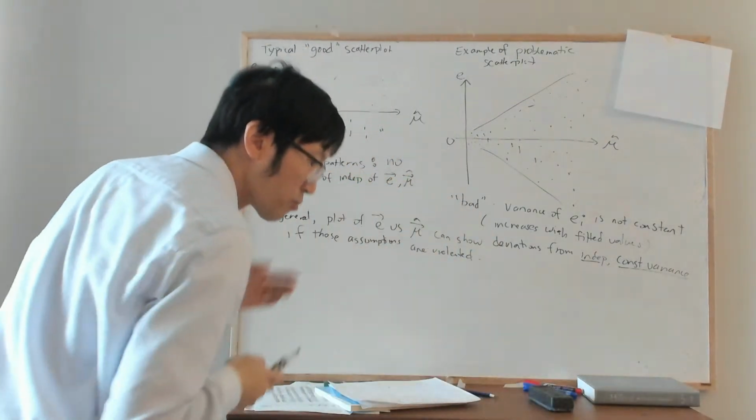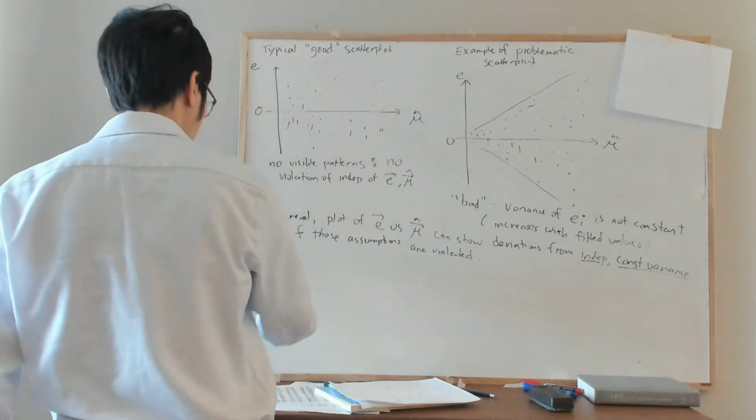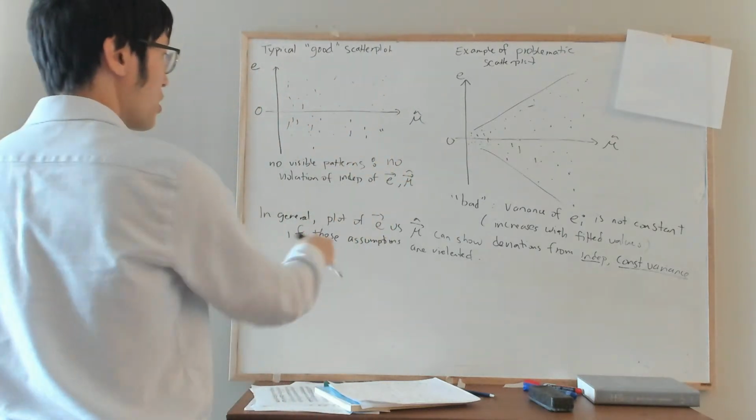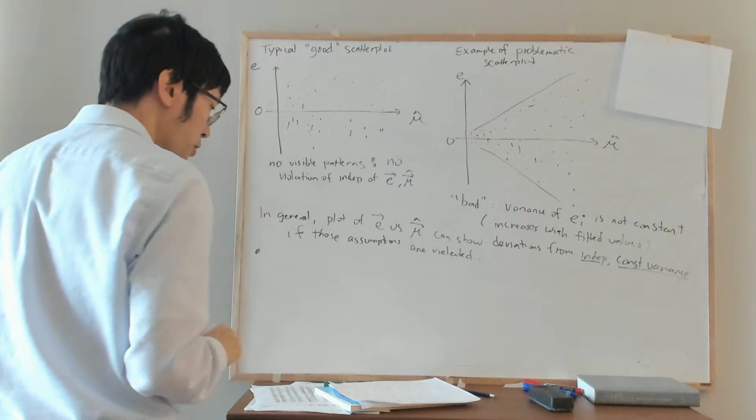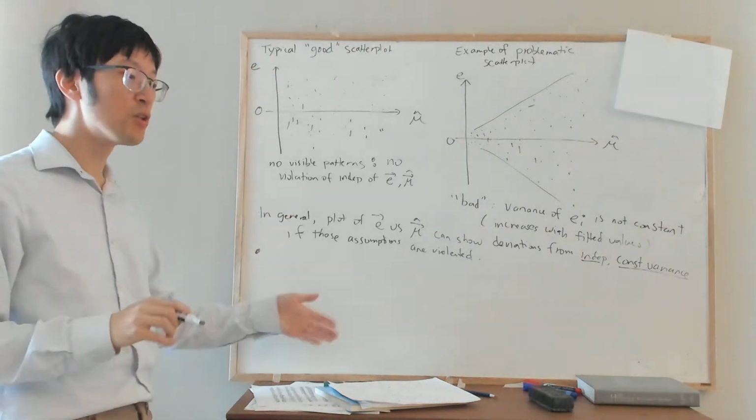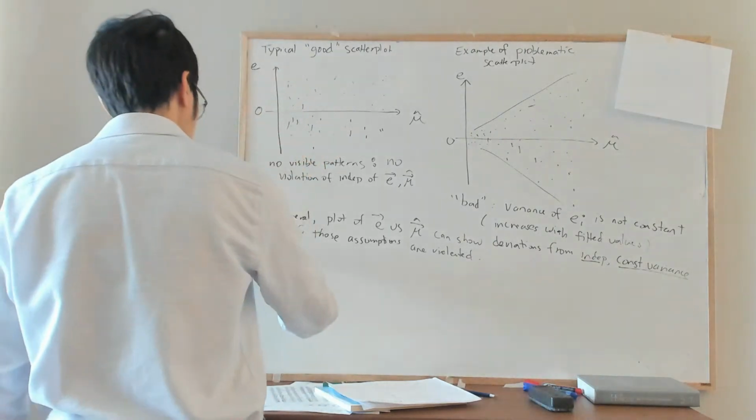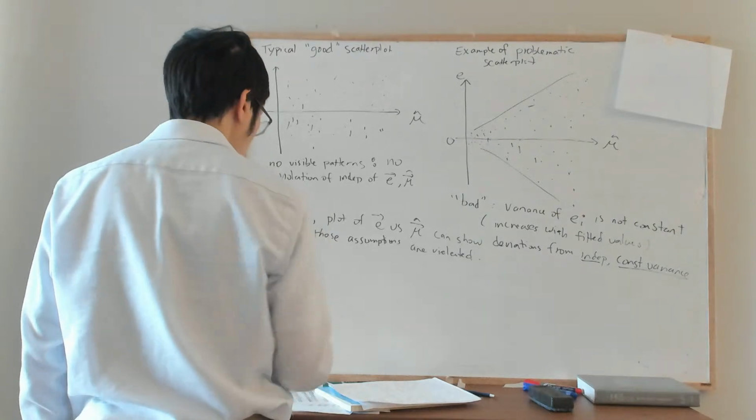Okay, so the second kind of plot. We can plot residuals versus fitted values, and we can also plot residuals versus the individual predictors. That's another type of residual assessment plot.